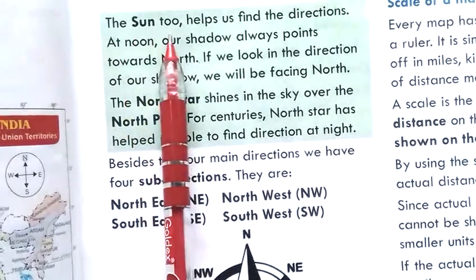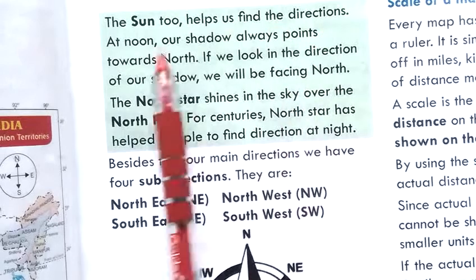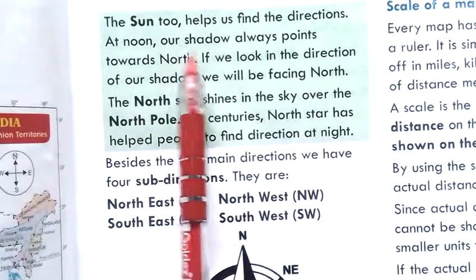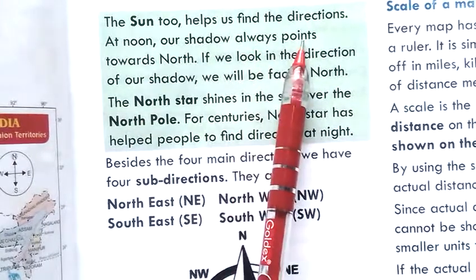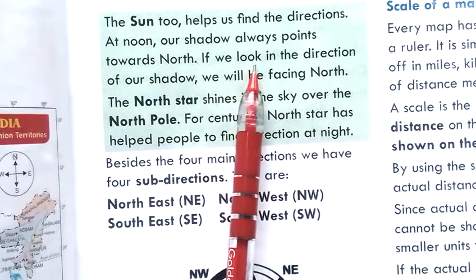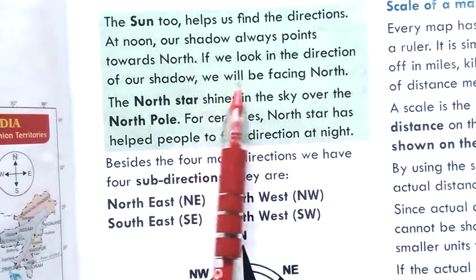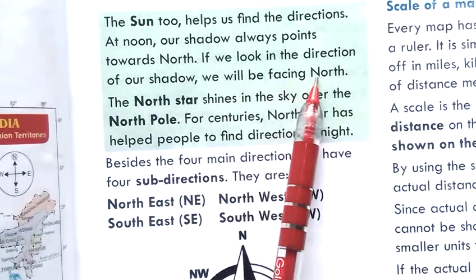The sun too helps us find the directions. At noon, our shadow always points towards north. If we look in the direction of our shadow, we will be facing north.